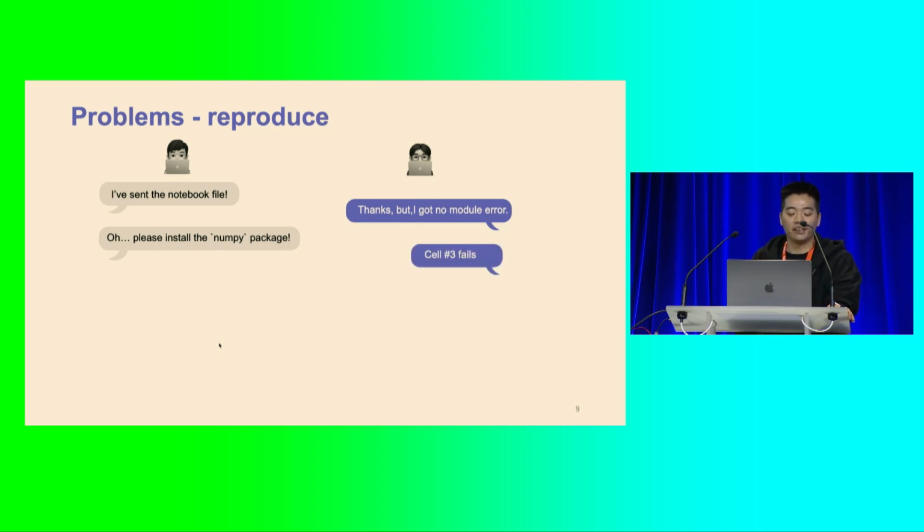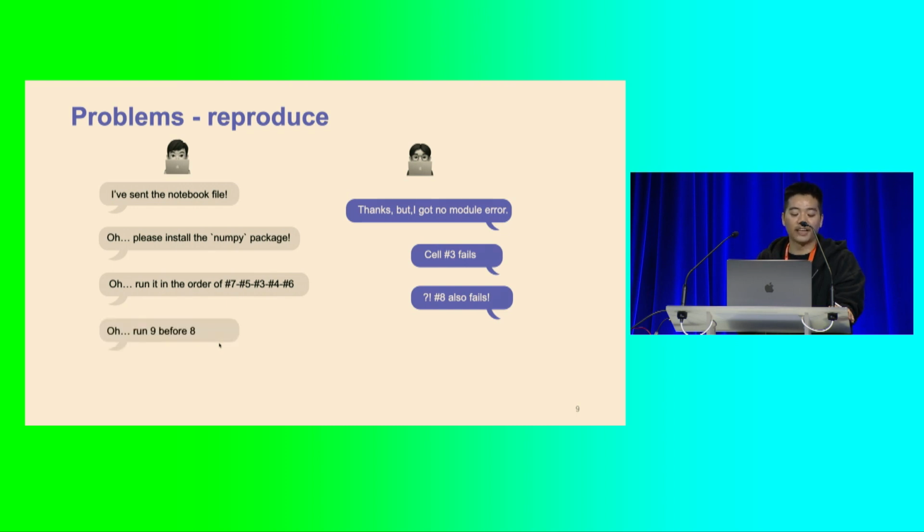Cell number 3 first. Run it in the order of number 7, 5, 3, 4, 6." "Oh yeah, it's working. But number 8 also fails." "Run number 9 before 8." "Accuracy is at 30%. What? I got 95%."